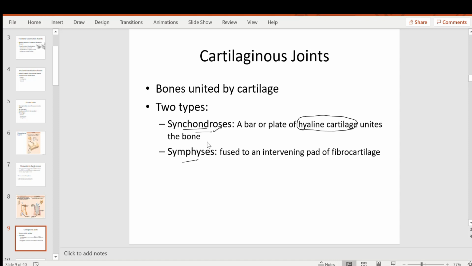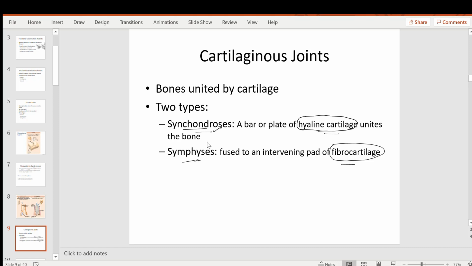In symphysis, the bones are connected by fibrocartilage. So if you see that fibrocartilage connects the bones, that is symphysis. Both are connected by cartilages, but synchondrosis by hyaline and symphysis by fibrocartilage.